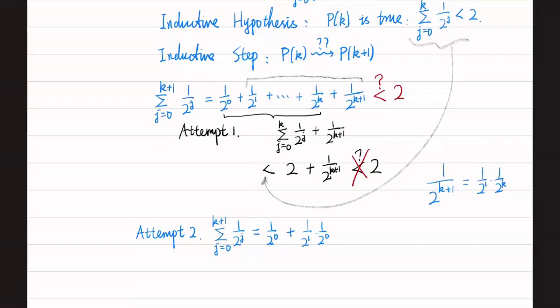Okay, so verify this formula. Use it for all the terms over there.